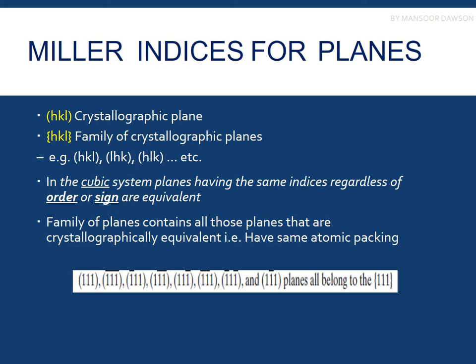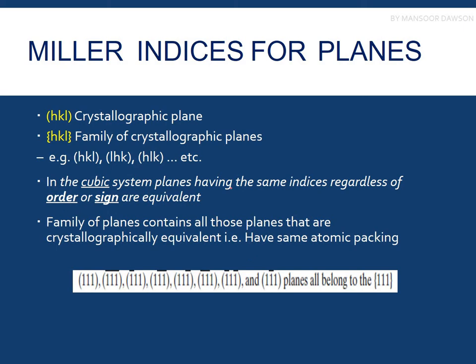And if you are representing a family, you represent it in curly brackets, just as we represented the crystallographic directions in angle brackets. So here we are representing the family of crystallographic planes in curly brackets. We will also discuss the families later on in the next slides.